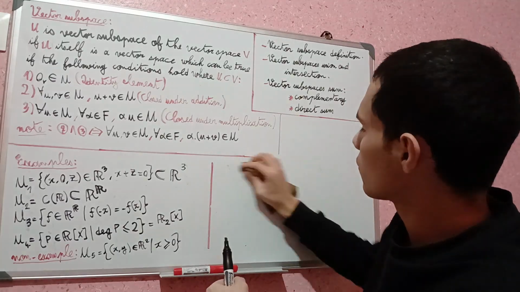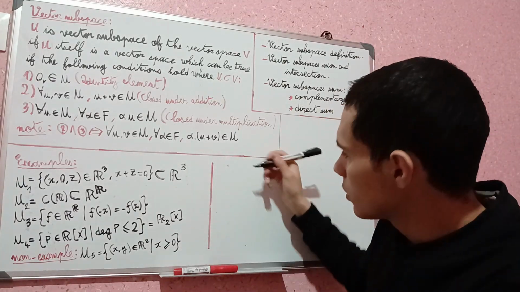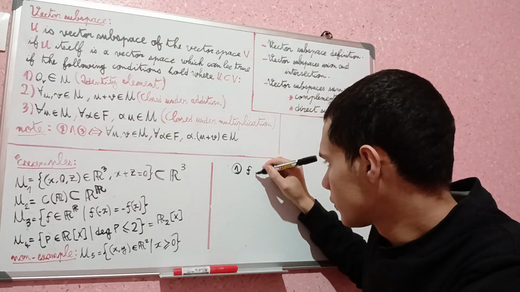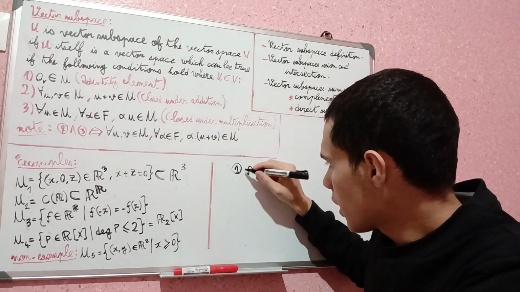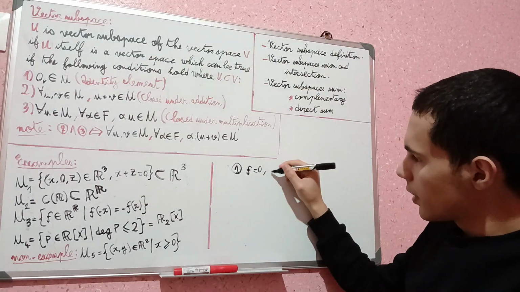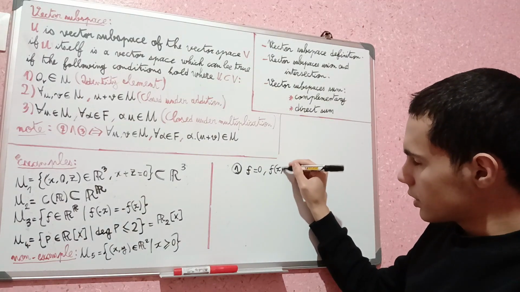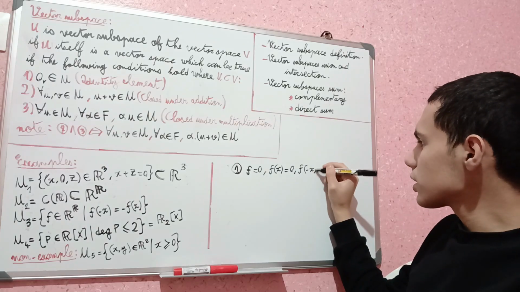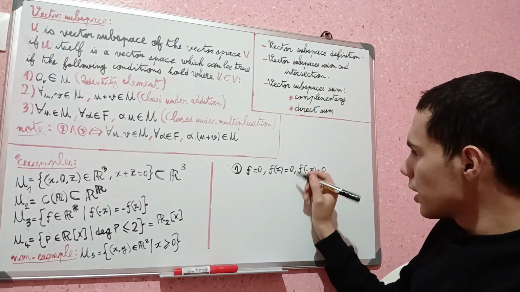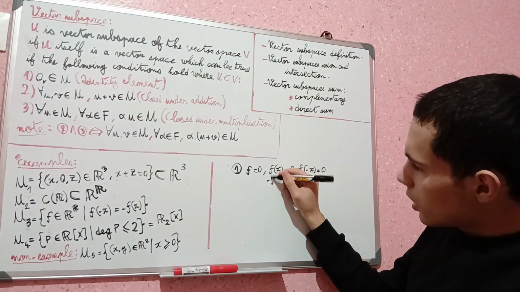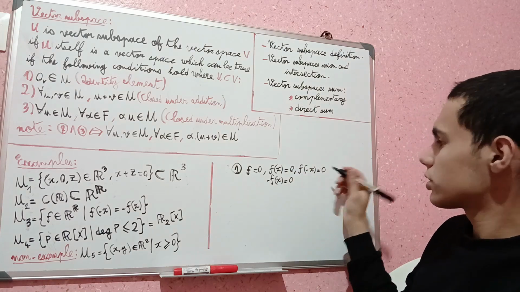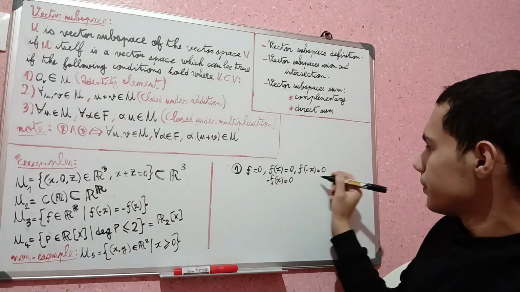First we need to prove the identity element. We have f equals 0, so f of x equals 0, and also f of minus x equals 0. So f of minus x equals minus f of x, since minus 0 is just 0.